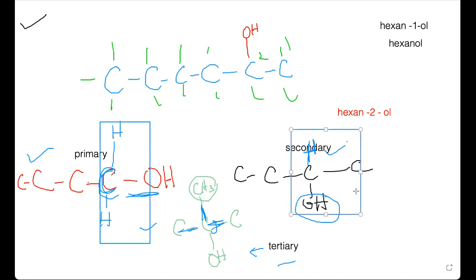In secondary, the carbon with which the alcoholic group is bonded is supported by two family members, and one will be hydrogen. And in tertiary, the carbon bonded with the alcoholic group is supported by three family members, so it is stronger, tertiary alcohol, more stable. Is it clear to you?